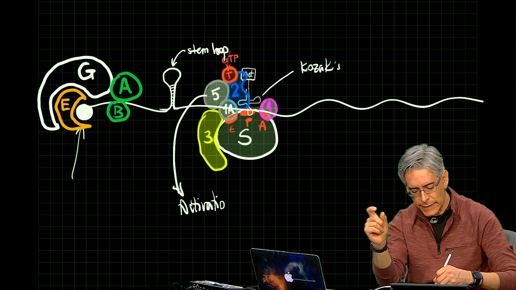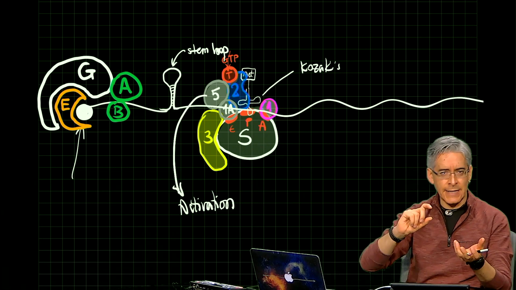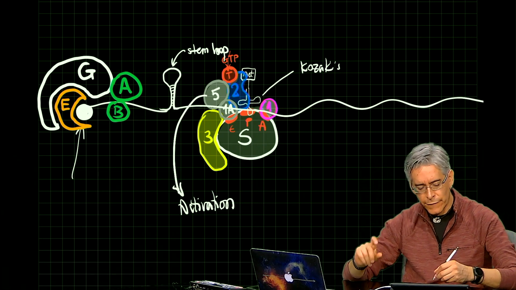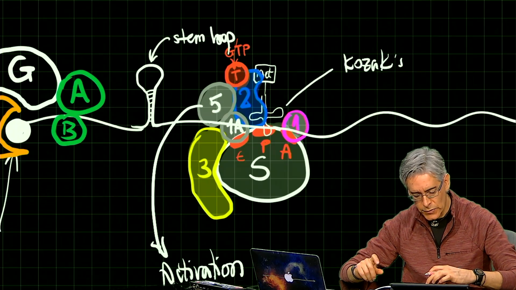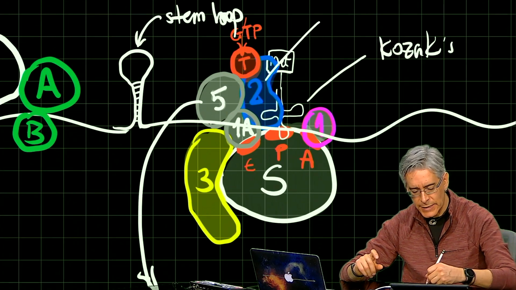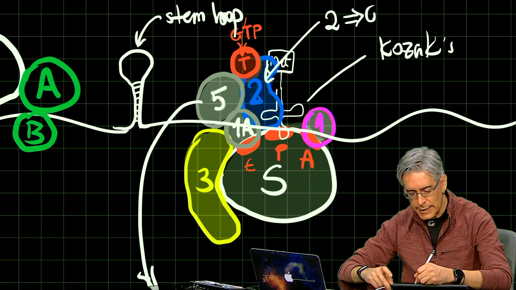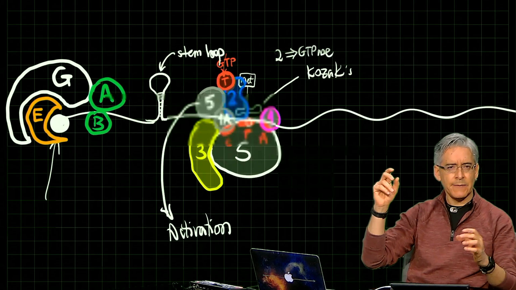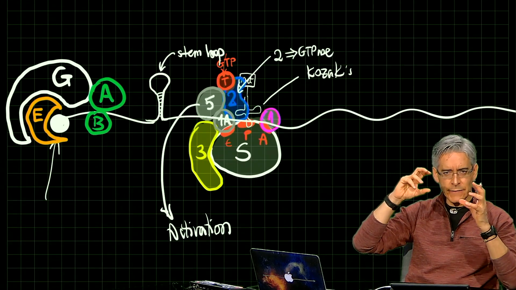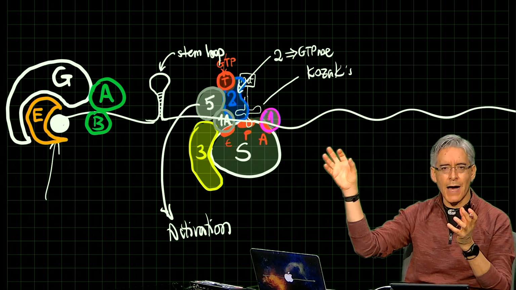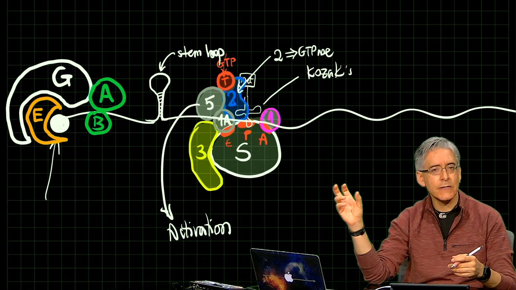So there is an activation event that then will be passed on to factor 2. Remember, factor 2 is a GTPase. And that sensing mechanism that is now activating factor 5 will be passed on to activate the GTPase activity of factor 2.